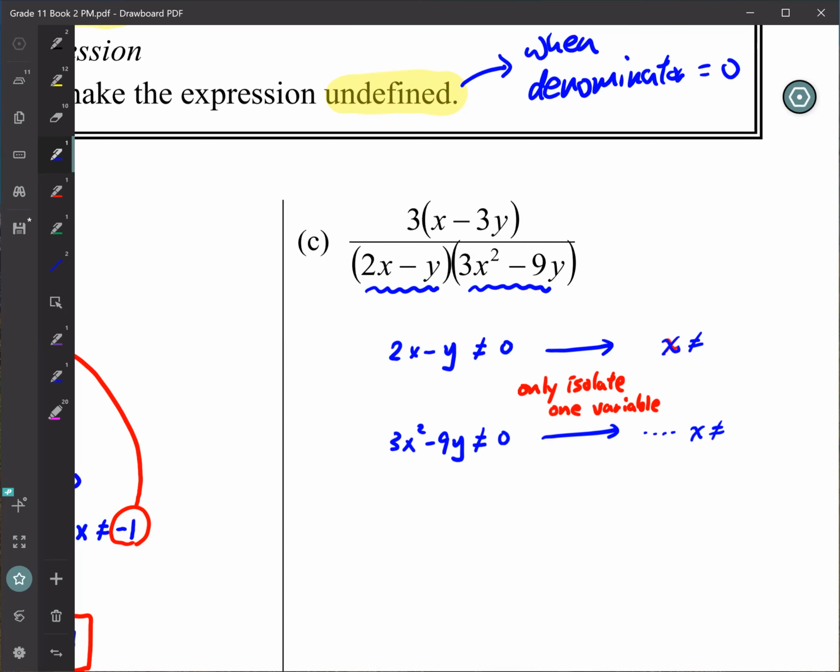So let you try now. Isolate the x from both factors. When you're finished, raise your hand and we'll check your answers.